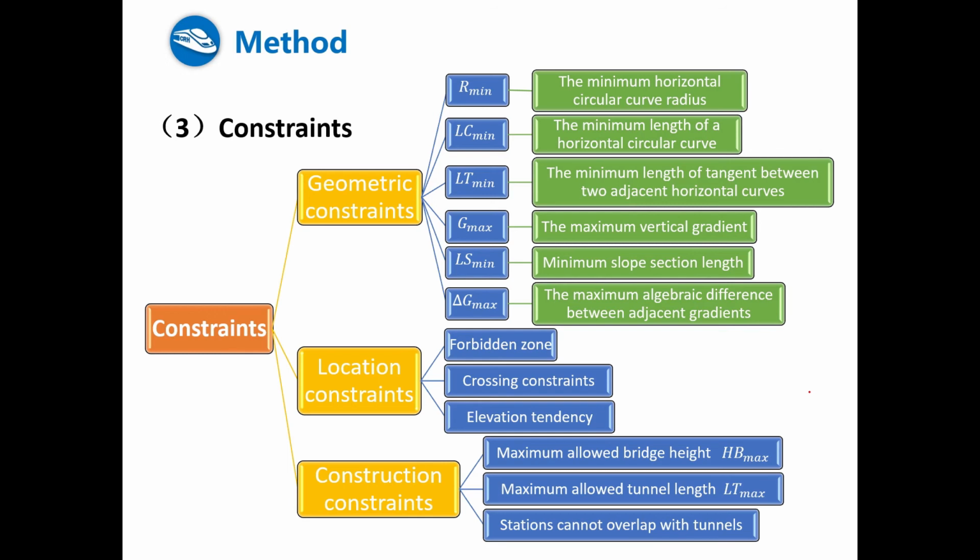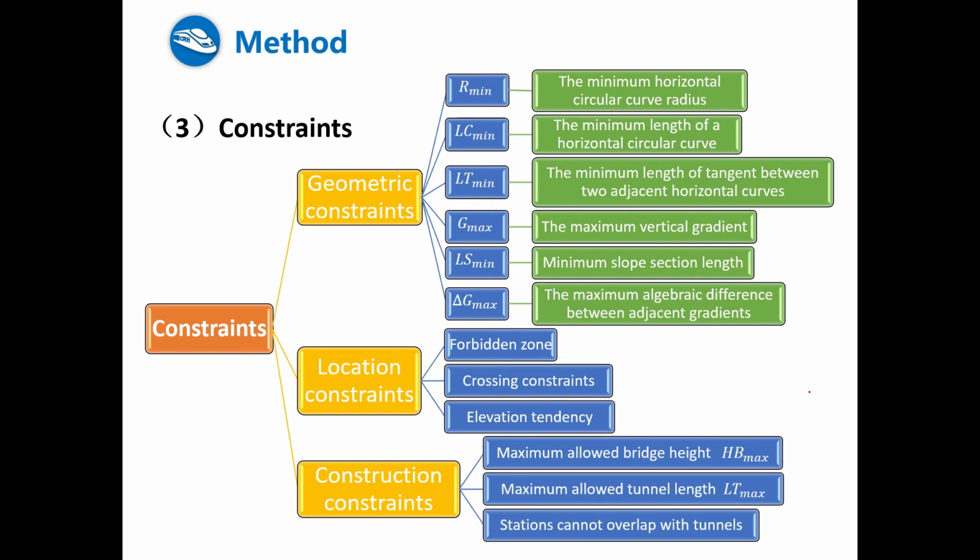For example, when crossing existing railways or rivers or roads, the clearance between the newly built railway and the existing one, for instance, the existing river, must be sufficient. This is the crossing constraints.